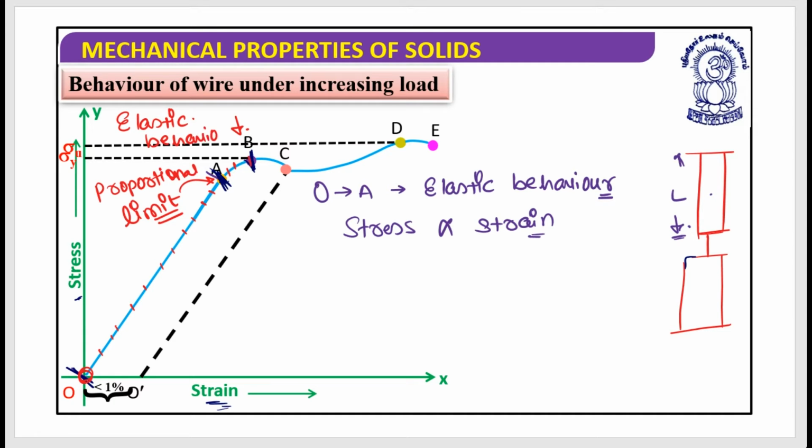If you remove the deforming force, I am going to regain my original shape. So this is the last point, point B, where it is following elastic behavior: remove the load, and I will regain my original shape and size.